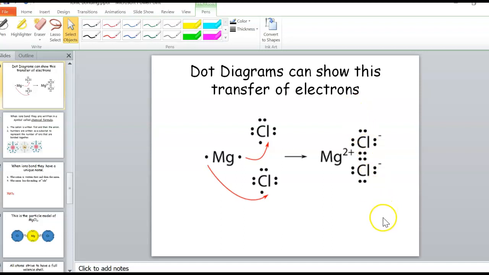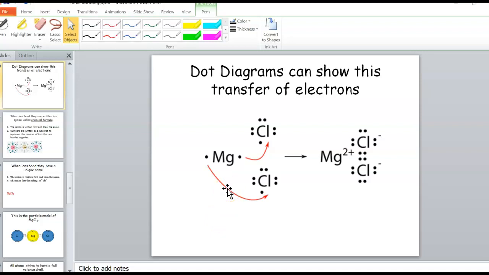Here's what that would look like as a dot diagram. Remember, I was showing you that you have 2 valence electrons for magnesium and chlorine has 7. And so each one of those electrons from magnesium is transferred to a different chlorine. You can have as many chlorines and magnesiums at your disposal.